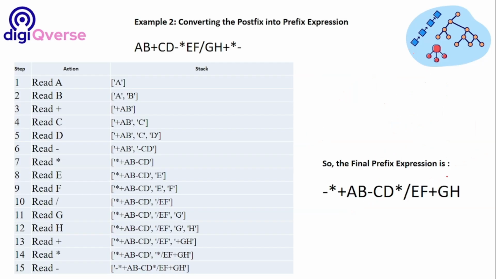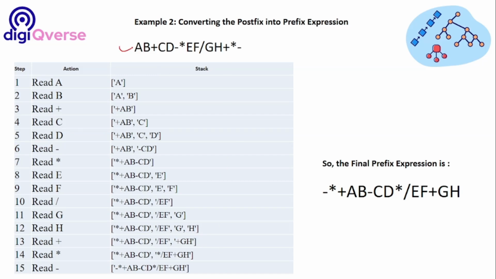Okay, another example, which is a typical expression with a number of operands and a number of operators. How do we do this? It's very simple. This is an example of the steps, actions and stacks. Suppose the stack is here.